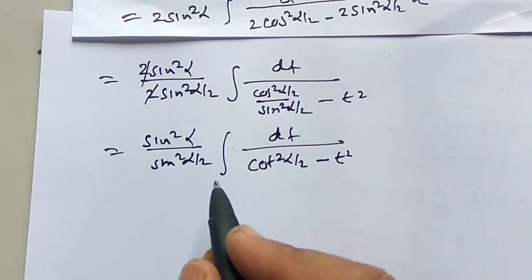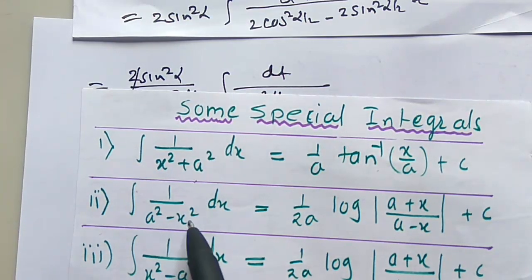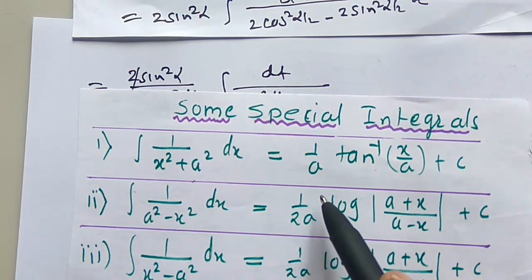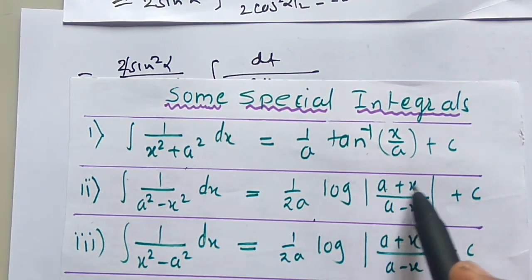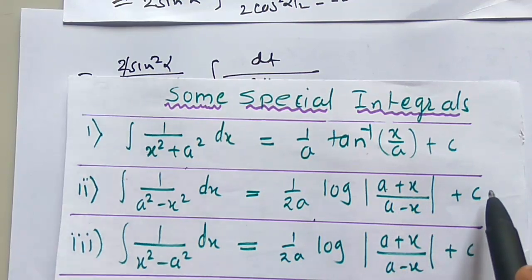Using the formula, integration of 1 upon a square minus x square dx is 1 upon 2a log of a plus x upon a minus x plus c.